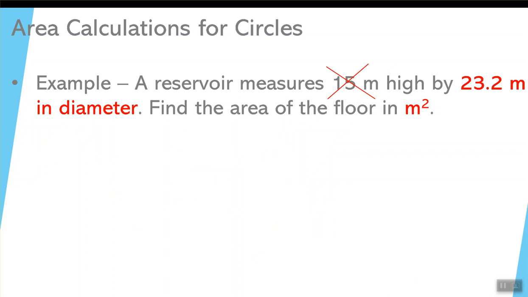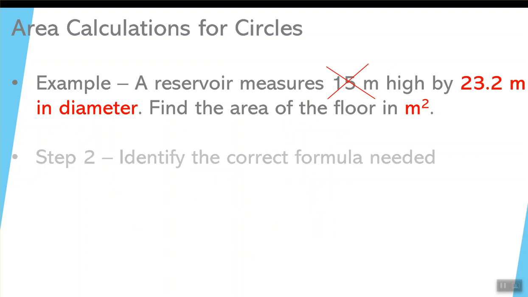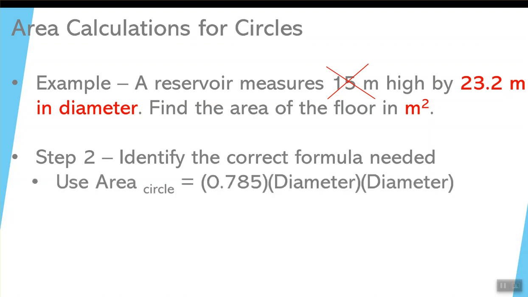Now, when you start working with the question, you've identified the key words. Now identify the formula that you're going to need: 0.785 times diameter times diameter. I would strongly encourage you to write out exactly how you're going to put the numbers into your calculator. Rather than doing 0.785 times diameter with a 2 as a square, put it in as diameter times diameter.